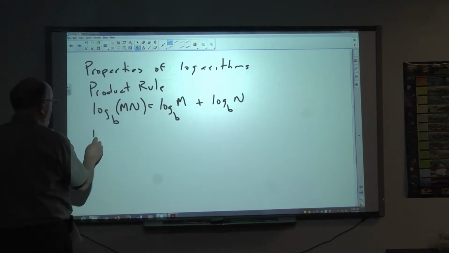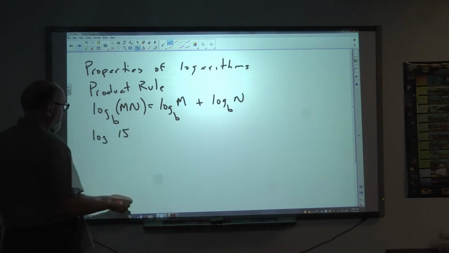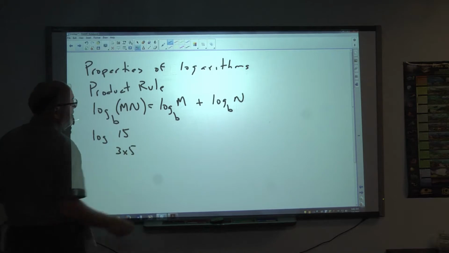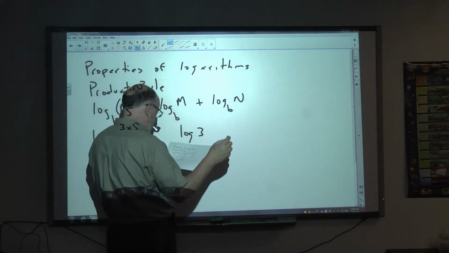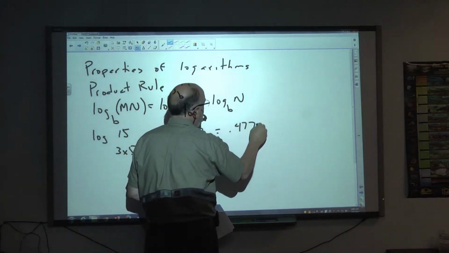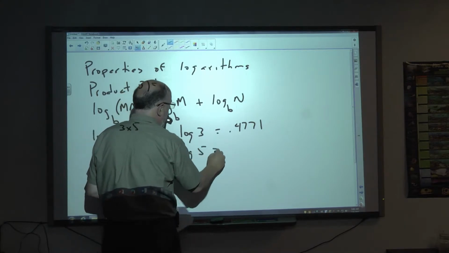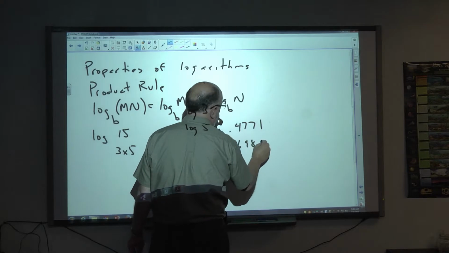But in terms of how this works, let's say I want to find the log of 15. Well, I know that 15 is the same as 3 times 5. The log of 3 is going to be 0.4771. The log of 5 is 0.6989.